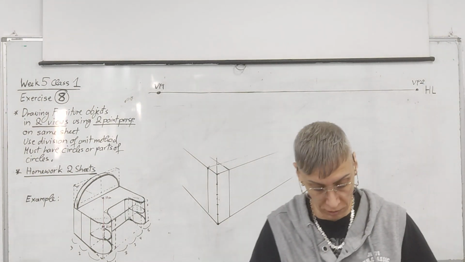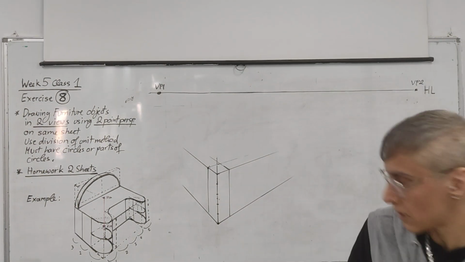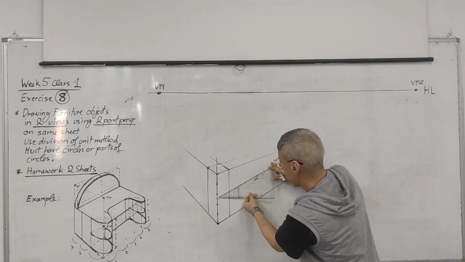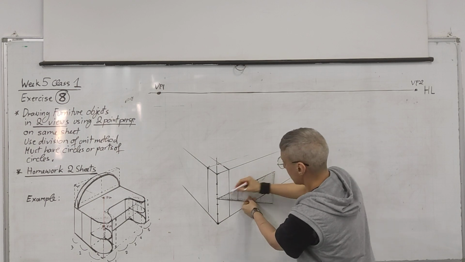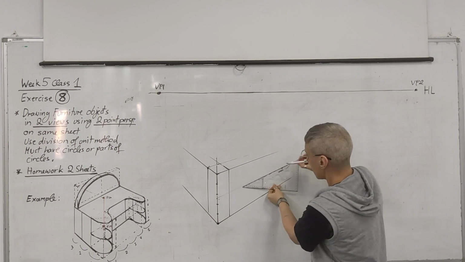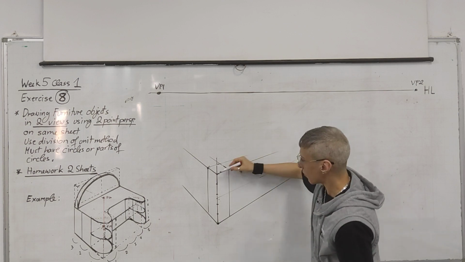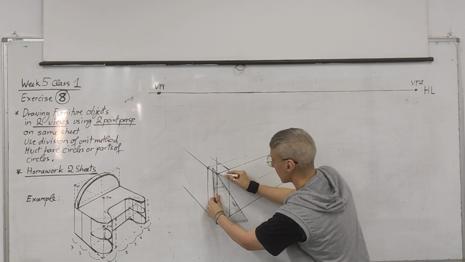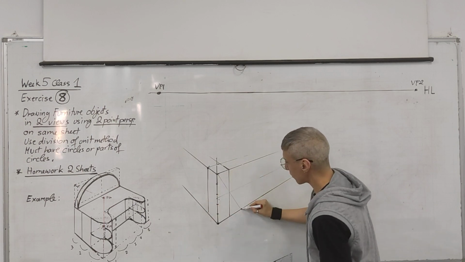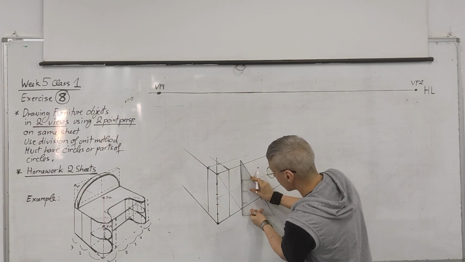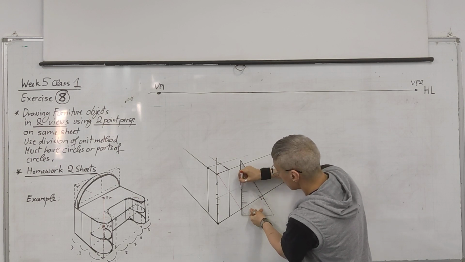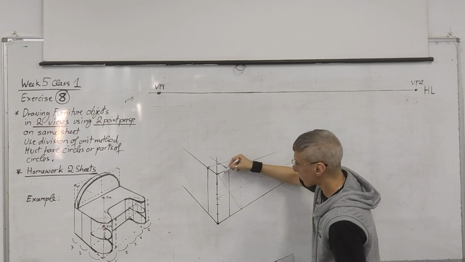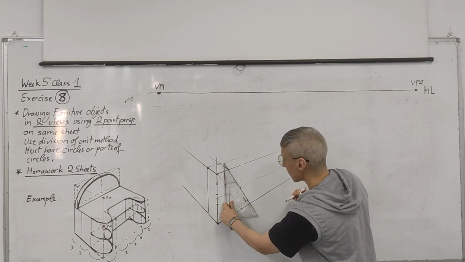We will take to the vanishing point. Now, from this corner through this point, here is the location of the second one.